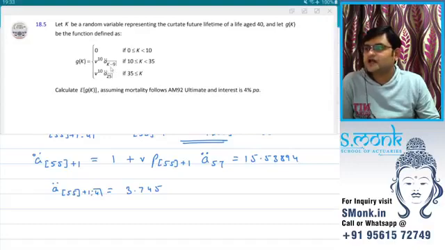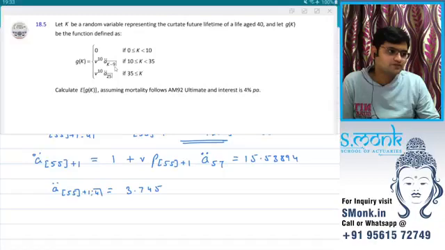K minus 9 just tells us that the annuity is going to start. k is going to be 10, 11, 12 and so on, so this just becomes k minus 9 because the annuity will just be 1, 2, 3, 4 and so on.